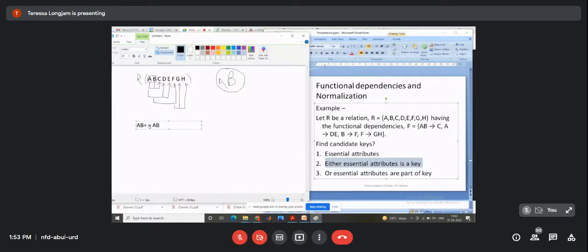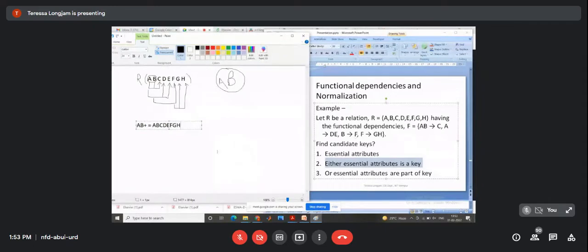AB will contain AB initially. After that, let us see the functional dependencies. AB will also have C, and then it will also have DE, and then it will also have F. If it has F, then it will also have GH.